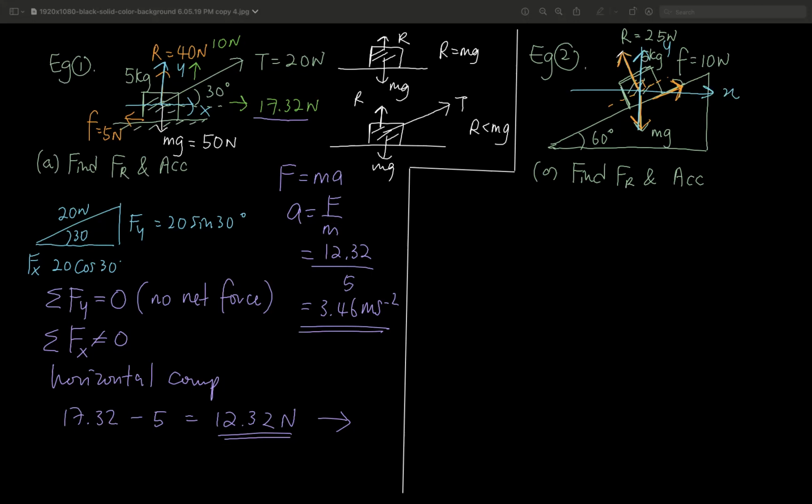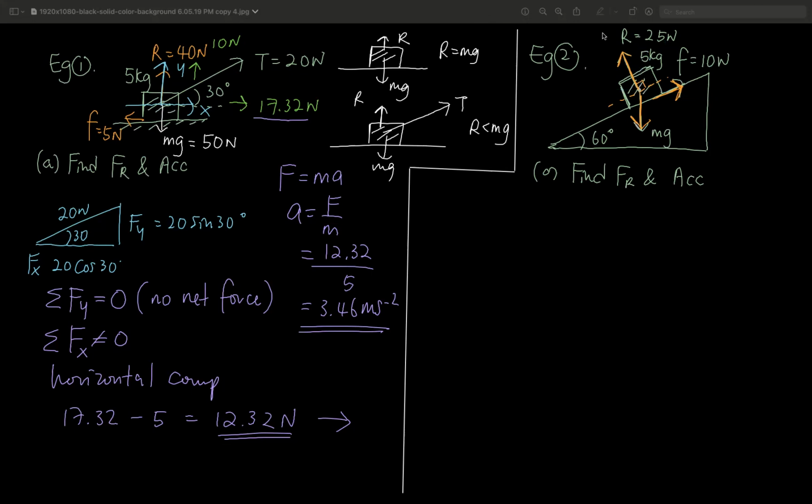Yes, you can, but then you only have mg as the vertical component. The R and the F, you have to resolve. You have to resolve 2 forces. Extra work.